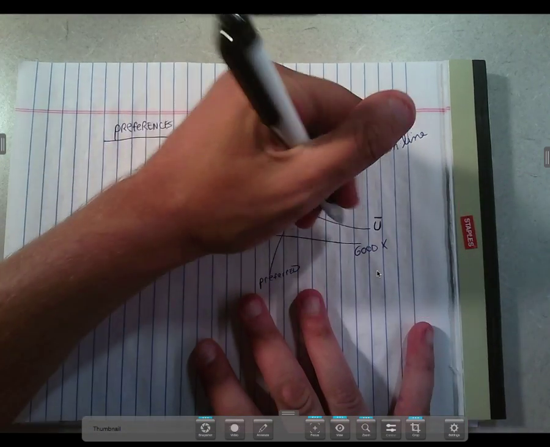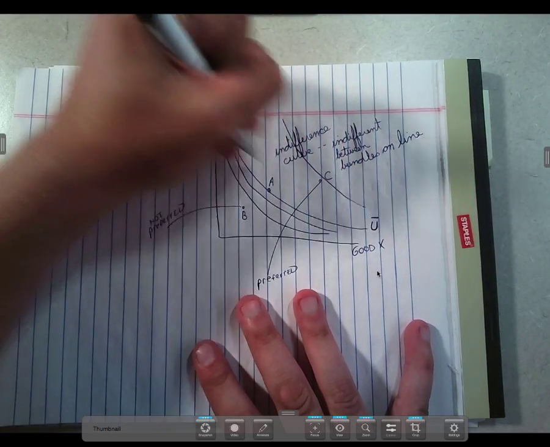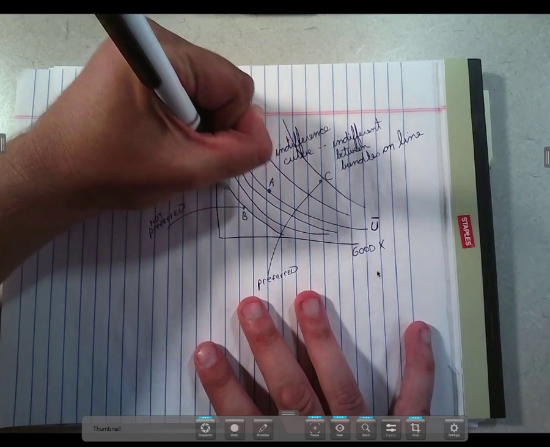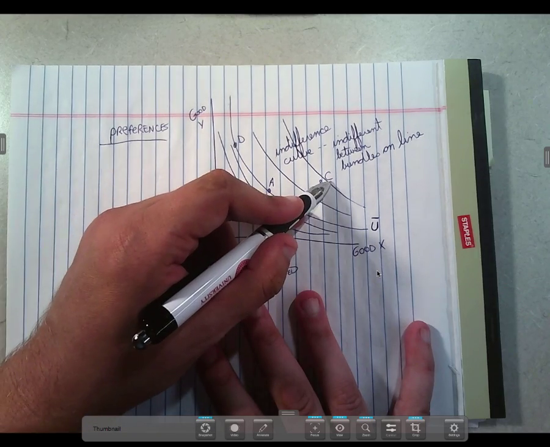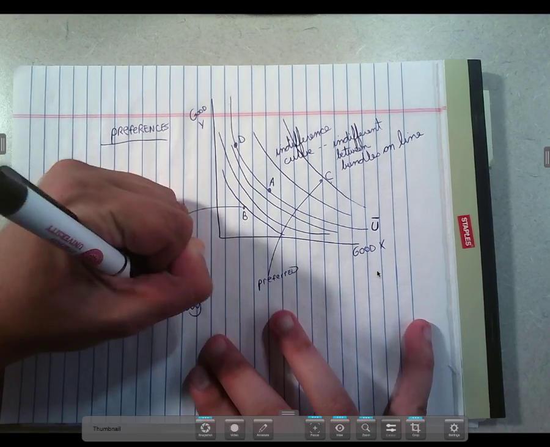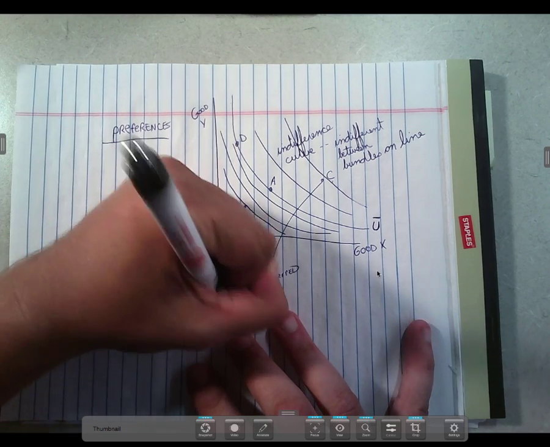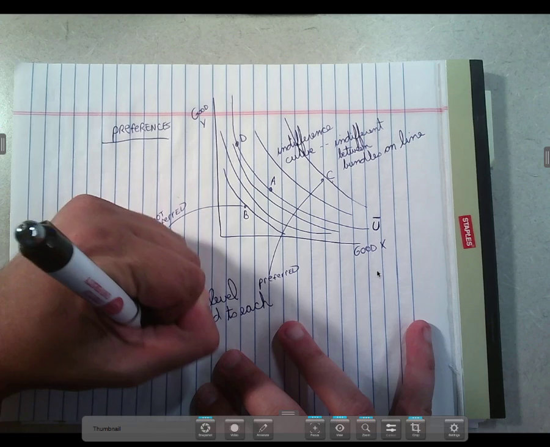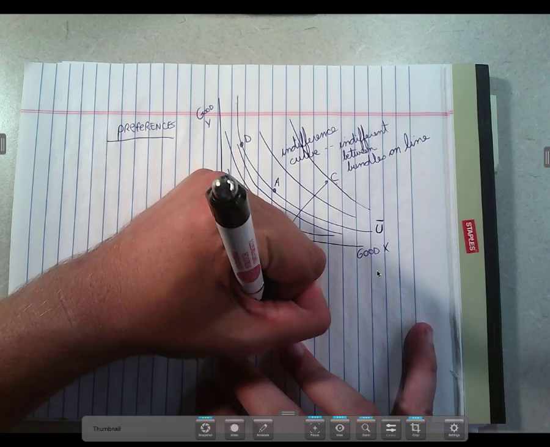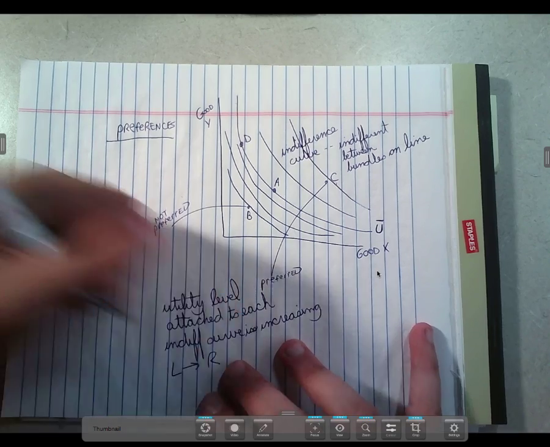Now, presumably, there are a finitely large number of indifference curves here. And there is a curve that goes through B, and there's one that goes through C. But the idea is that the utility level attached to each indifference curve line is increasing as I go from left to right.